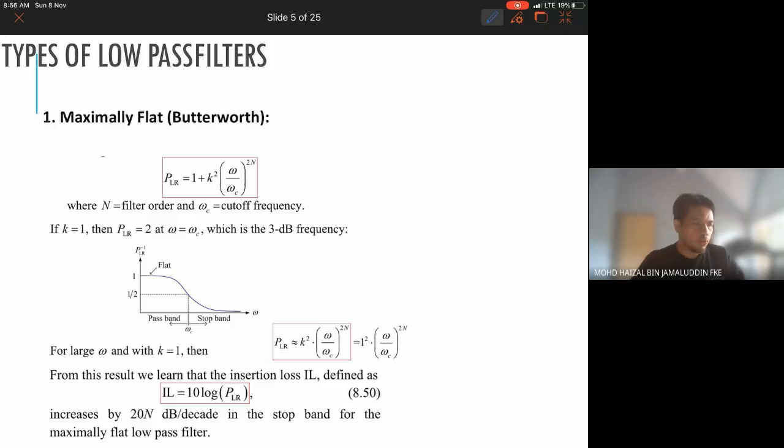If k is equivalent to 1, we will have a PLR equivalent to 2 at omega equal to omega c. That means omega divided by omega c is 1, 1 to the power of 2 is 1, so PLR is equivalent to 2. So this is the power loss ratio versus frequency, the frequency response of the low pass filter, maximally flat or Butterworth.